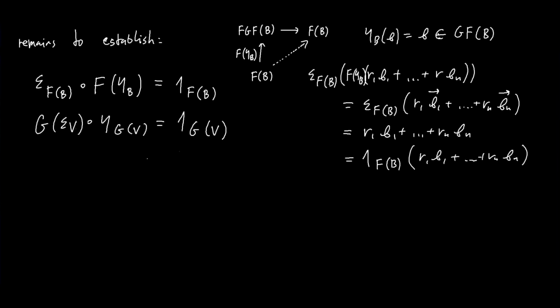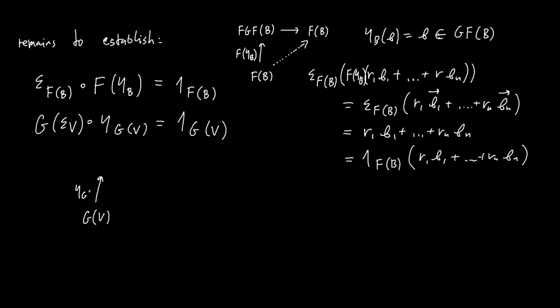So this one now corresponds to the diagram where we apply eta to GV.